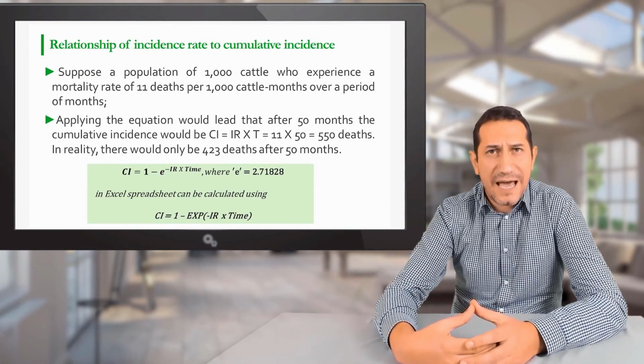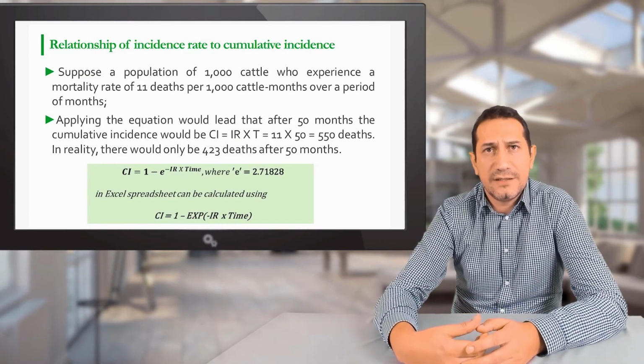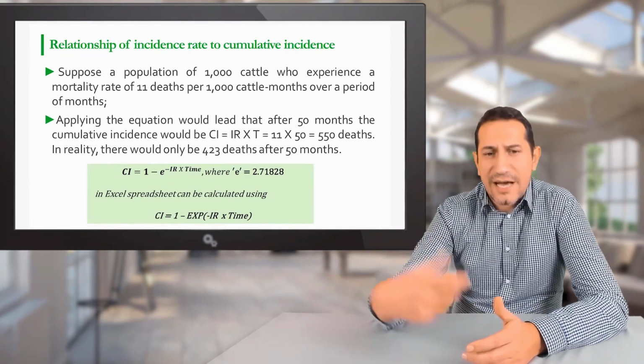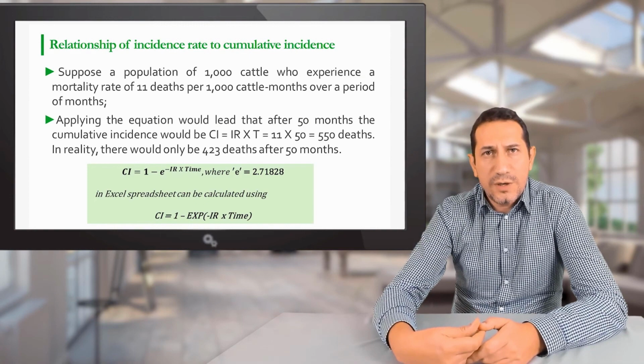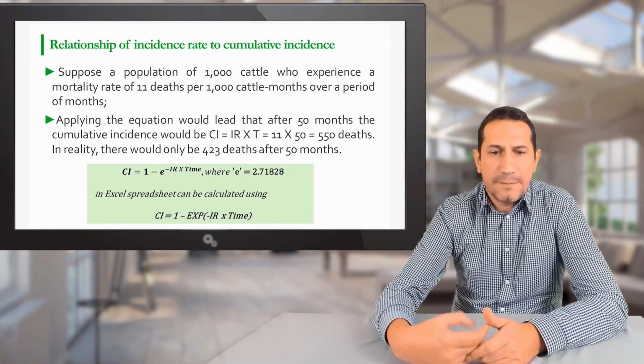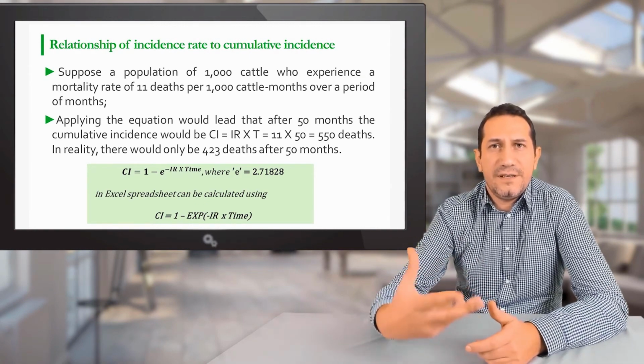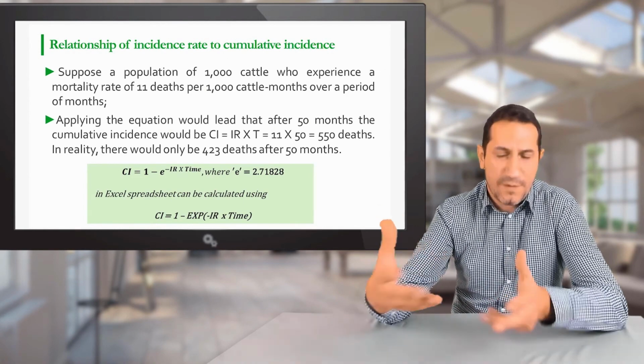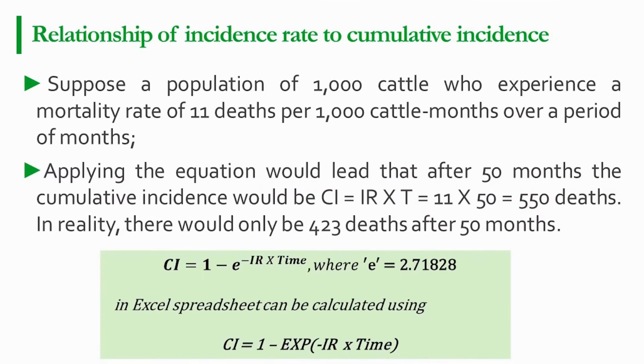Applying the equation that we had, we would calculate that after 50 months, the cumulative incidence would be 550 deaths from this disease. But in reality, there would be only 423 deaths after the 50-month period.